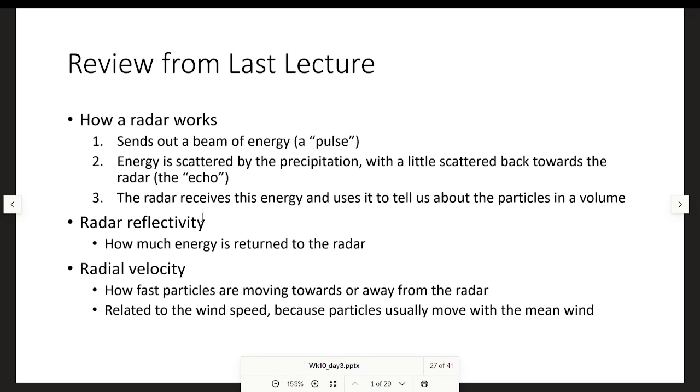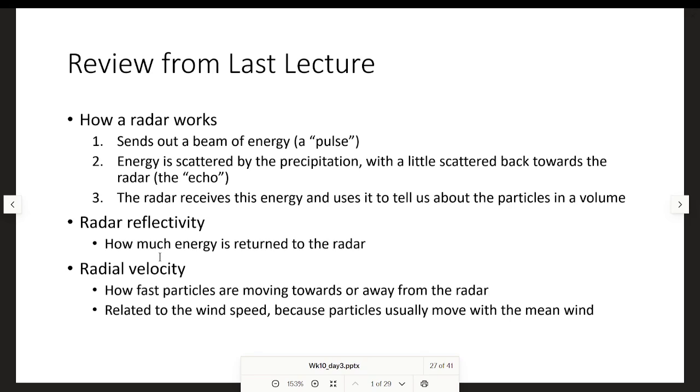Radar reflectivity is how much energy is returned to the radar. That's your classic radar map. But then we also talked about the velocity maps, and this is how fast particles are moving toward or away from the radar. We said that green, or in some instances blue, mean the winds are moving radially towards the radar, and red means it's moving away from the radar.